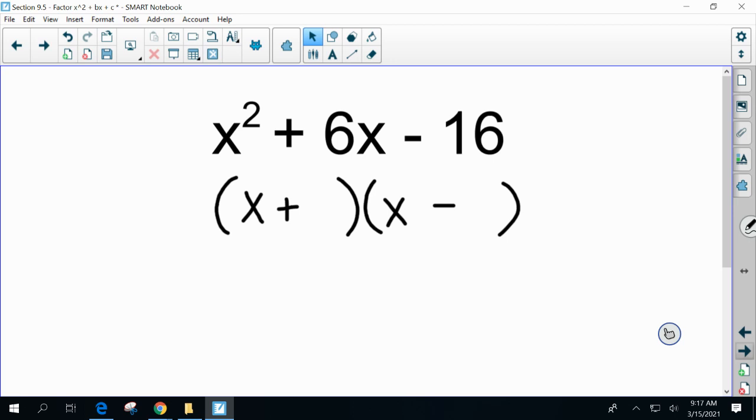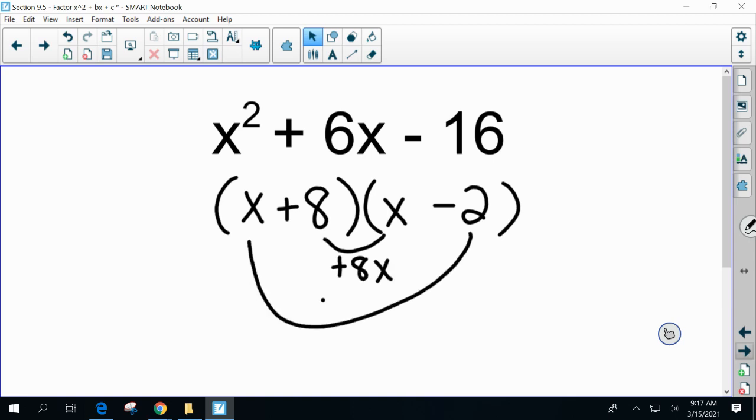So where does the 8 need to go? With the positive, yep. And then if I were to check this, it would be positive 8x minus 2x, which would give us 6x, which is right.